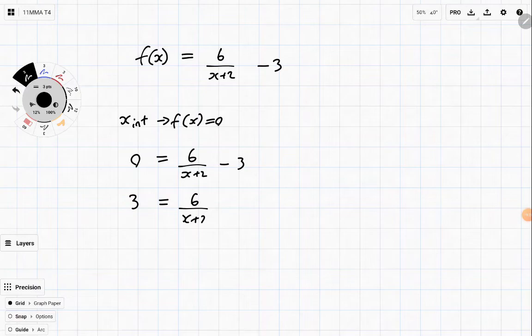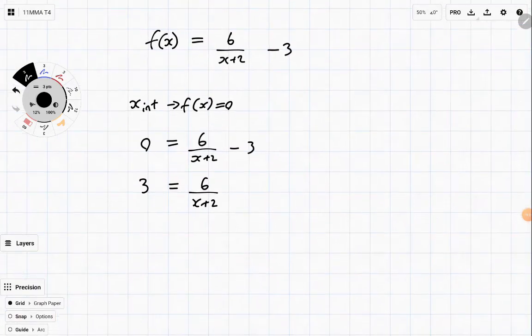We need to multiply both sides by x plus 2, which is exactly what we're going to do. The alternative is to think of them both as fractions and then flip both fractions at the same time. Either way, we're going to basically continue on. So I'm going to multiply both sides by x plus 2. Let's get rid of this on 1.